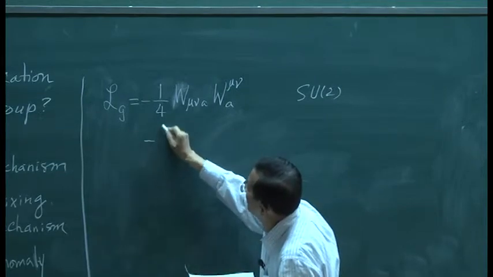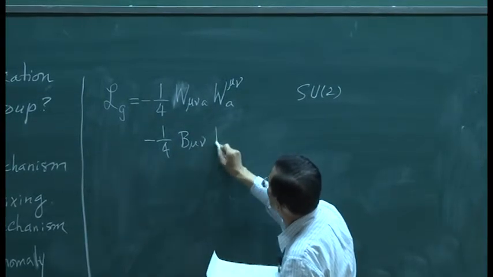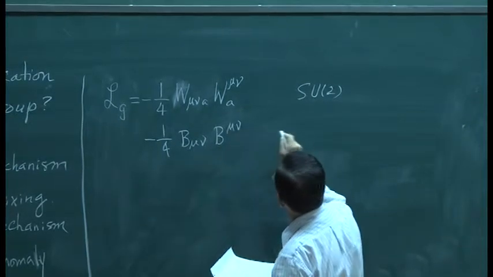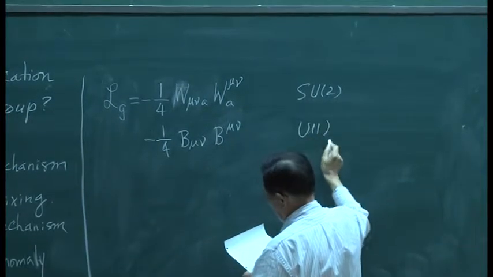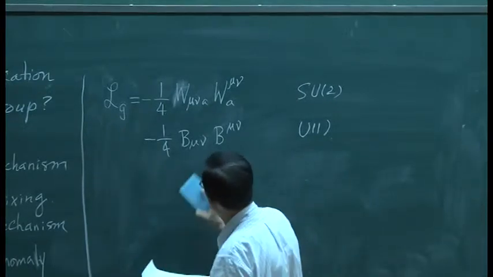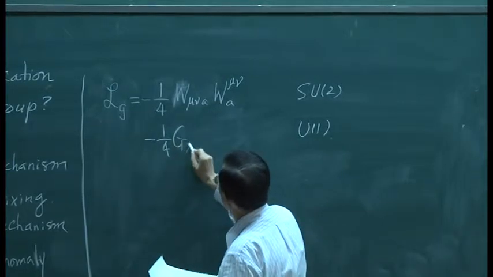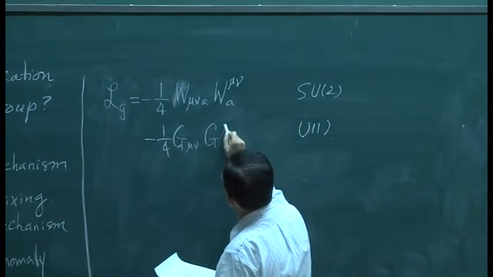And then minus 1/4 B mu nu B mu nu. Oh, I call it G mu nu, G mu nu.